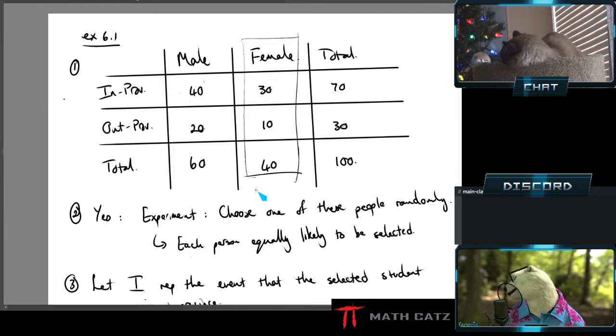I just pick from the numbers. If I need to find the probability that a person is in province or female, then I'll just pick the numbers appropriately, satisfying those restrictions, and put it over the 100.